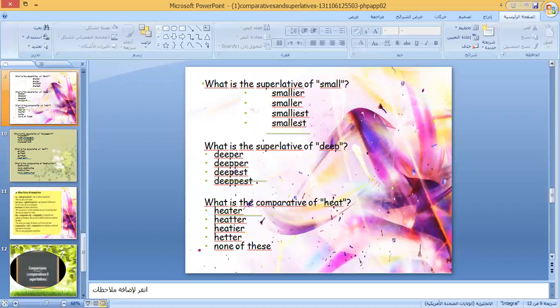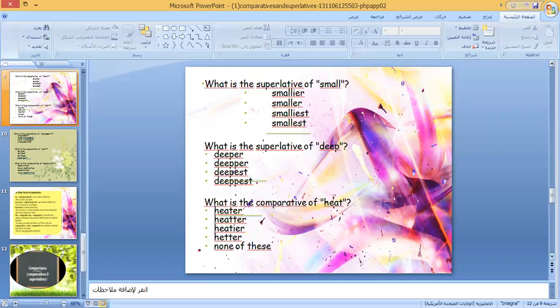Now, I'm going to ask you some questions and you are going to answer. Number one, what is the superlative of small? Number two, what is the superlative of deep? And you have the choices. You are going to choose one.